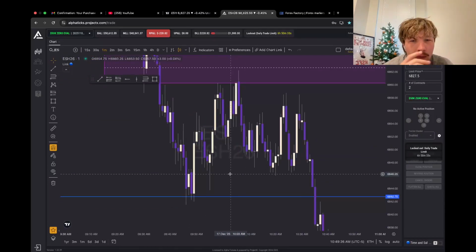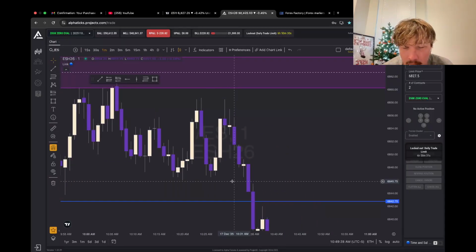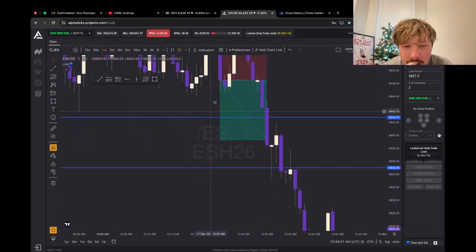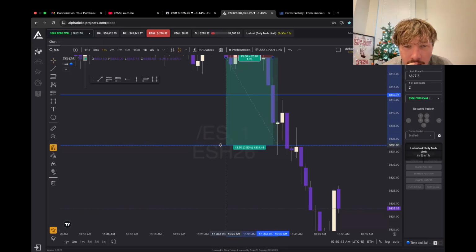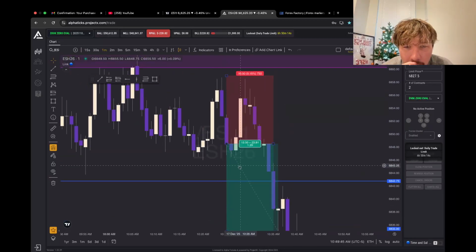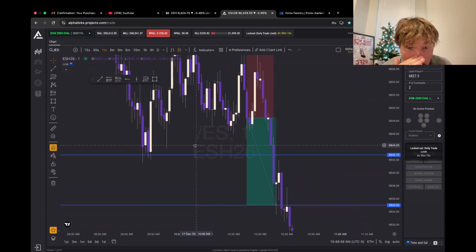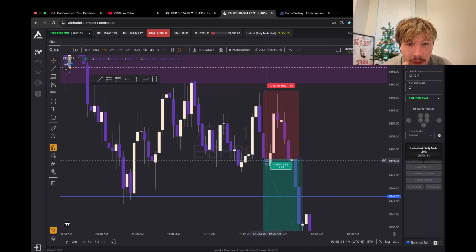I just think the trade overall doesn't make a whole lot of sense. I should have waited for, I guess, this inverse. I mean, you're running a 10.5 point stop, and I guess you could do something like this, but I don't know. I feel like the TP might be a little greedy.